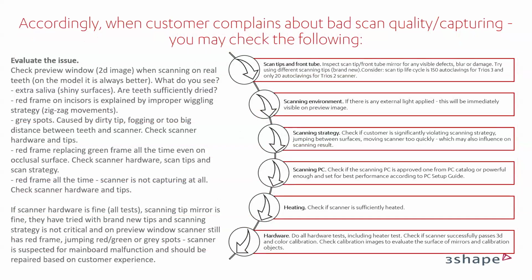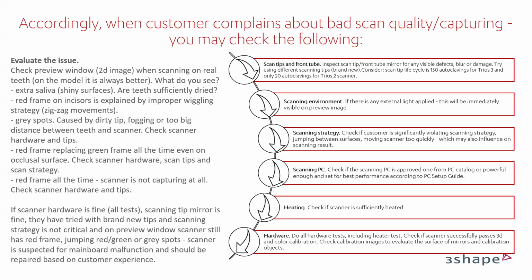Accordingly, when the customer complains about bad scan quality and capturing, you may check the following. Check the preview window image when scanning on real teeth, because on a model it always looks better. What can we see here? Extra saliva, are the teeth sufficiently dried? Red frame on incisors, explained by the wiggling strategy.